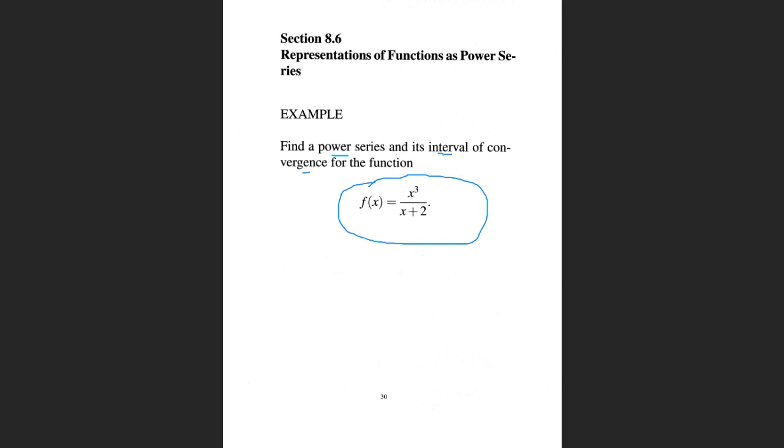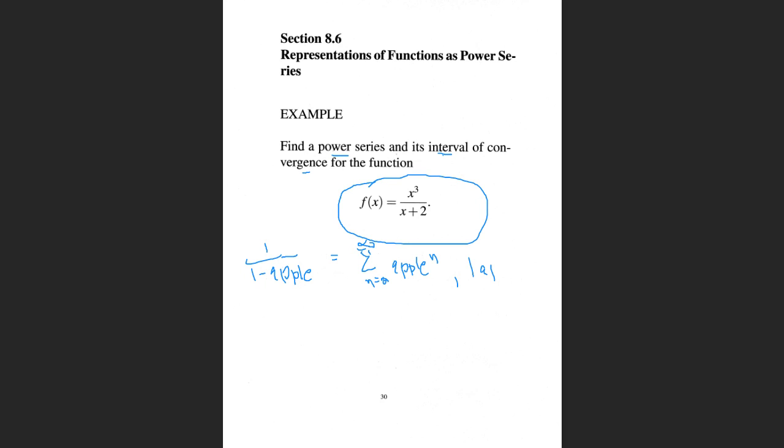I want to mention too, when you find the power series for these problems, you don't need to worry about testing at the endpoints, because the apple formula, 1 over 1 minus an apple, is a geometric power series.